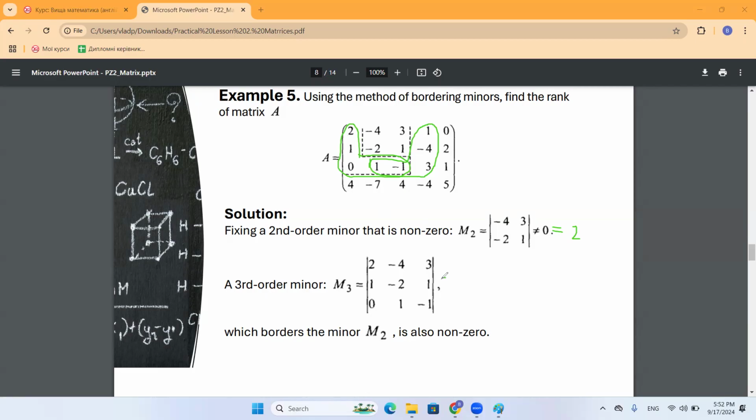Let's calculate this minor together. Here will be 0. 4 plus 3 minus 0 minus 2 minus 8, and it equals minus 3, and it doesn't equal 0.